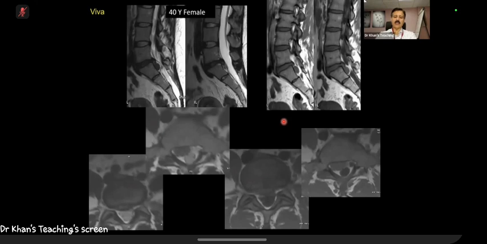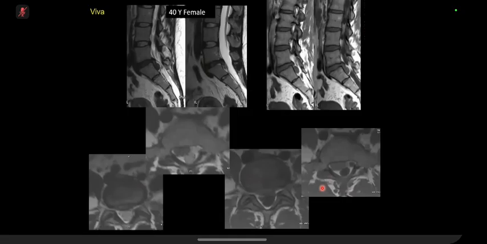I am trying to see your concept and what words you are going to use. This is T2, T2, T1, T1, and this is axial T2. This is axial T1 and T2, T1 and T1 axials. Over to you. So select the images.